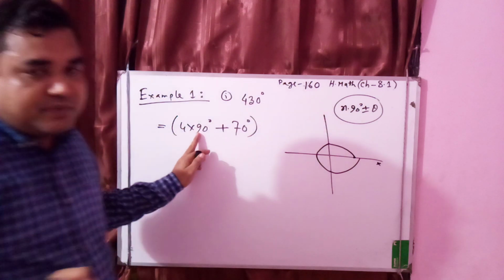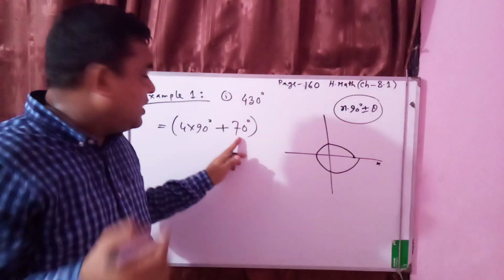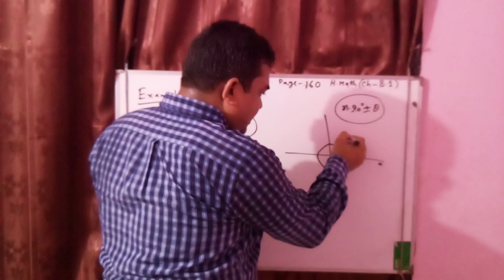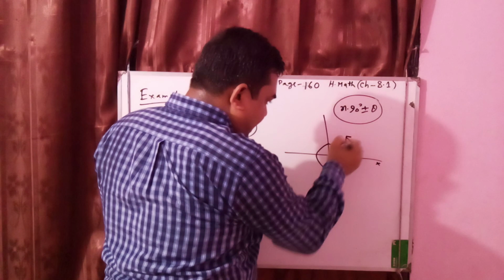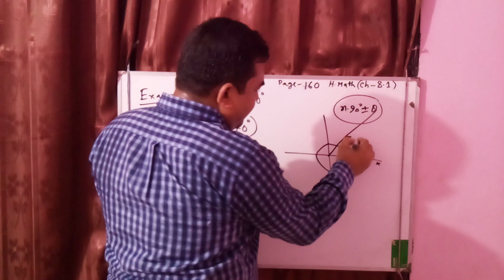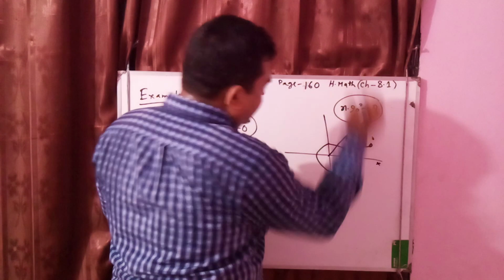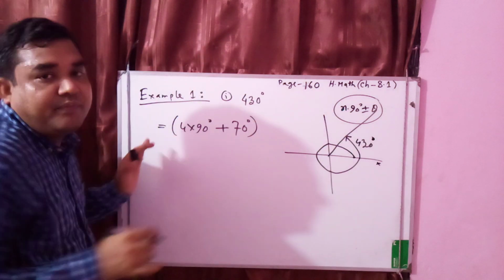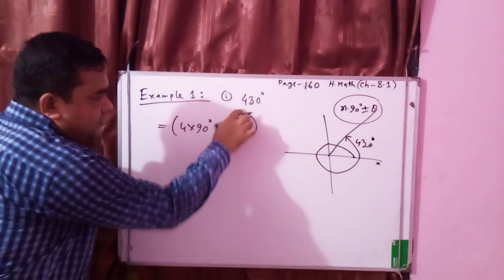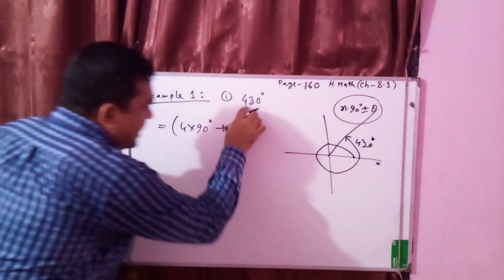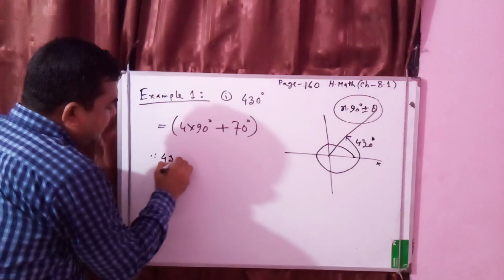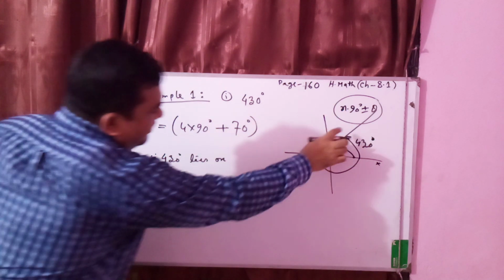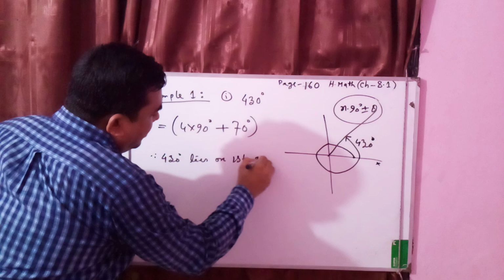It moves 4 times, but you see that there is also 70 degree, so it passes through the fourth quadrant and stays in the first quadrant. We can easily say the given angle is positive, so it moves anti-clockwise, and therefore the 430 degree angle lies in the first quadrant.